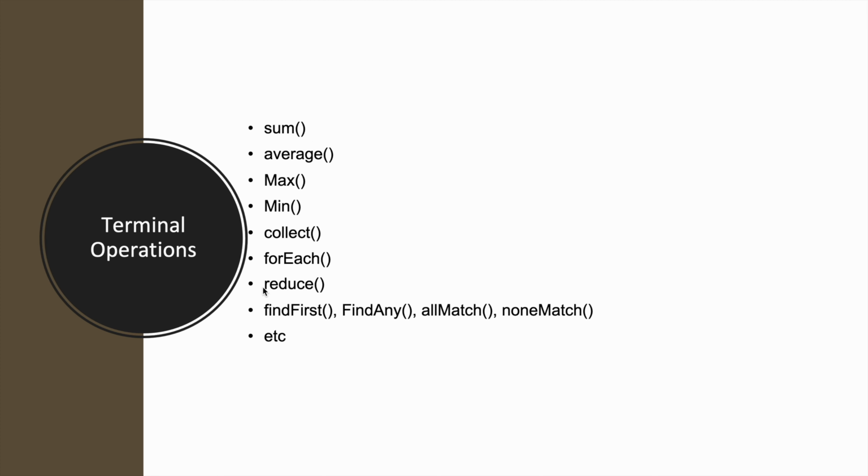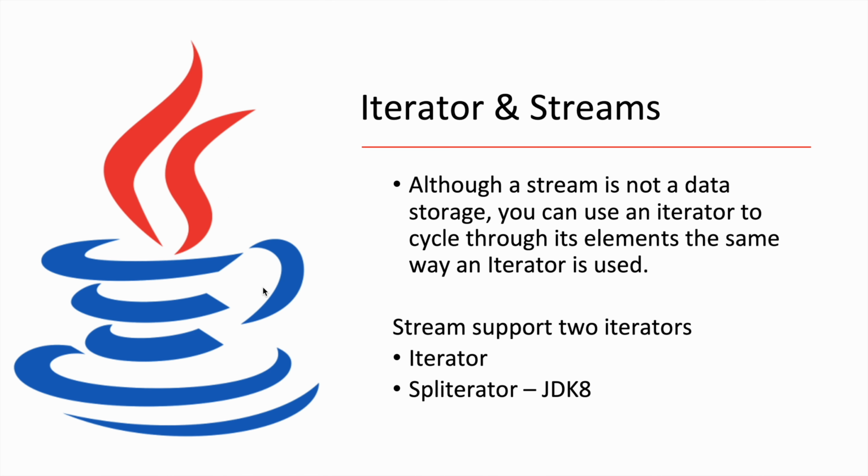Terminal operations: we have sum, average, max, min, collect, forEach, reduce, findFirst, findAny, allMatch, noneMatch, and many others. All these methods are terminal operations because they work on a stream, they consume a stream, and they return some other object.